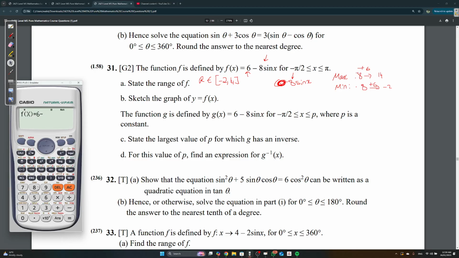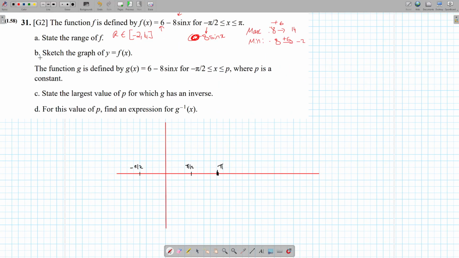6 minus 8 sine x, close brackets, from minus pi over 2 till pi, and let's take our step as pi over 2. At minus pi over 2 it's 14.